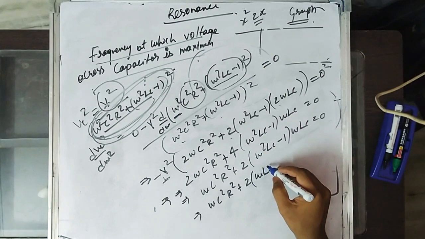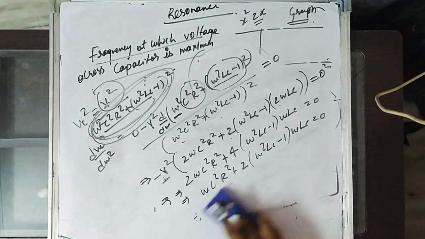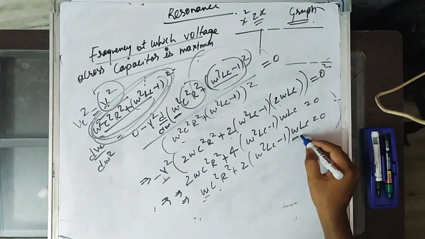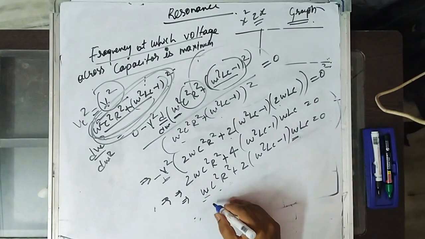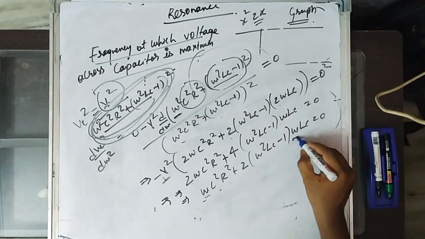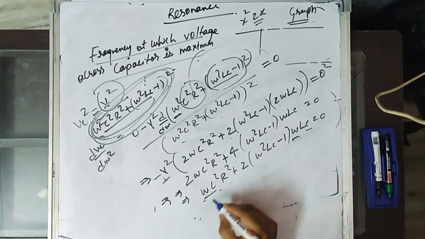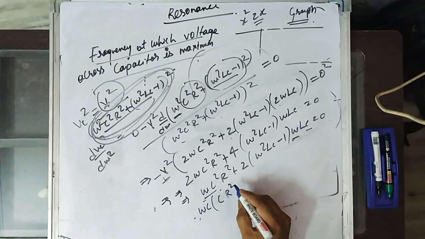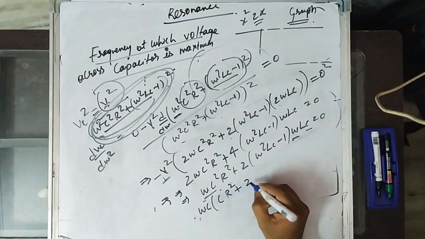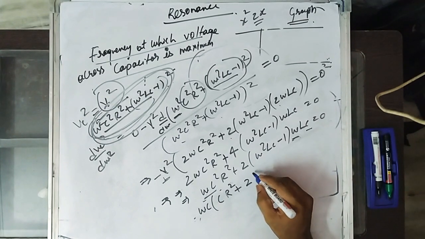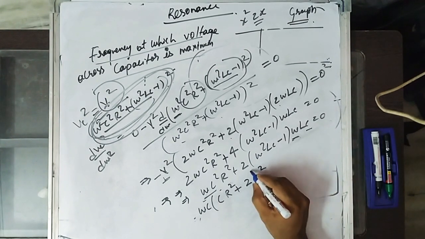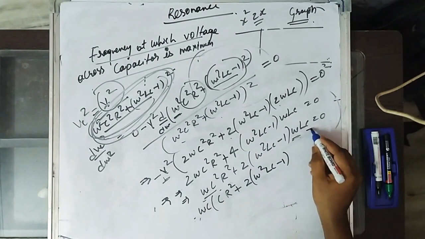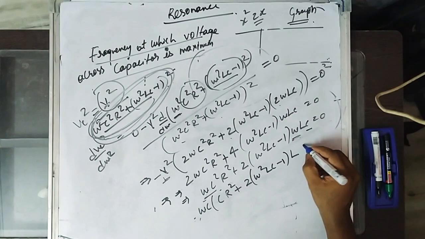In these two we have omega common, so we'll take omega C common here, and C R square plus 2 omega square LC minus 1, you take omega C L common, this will become 0.